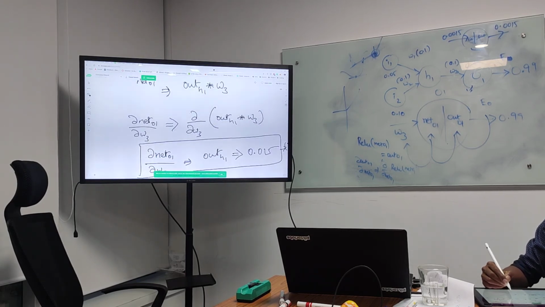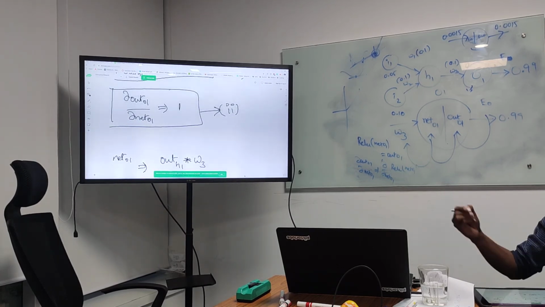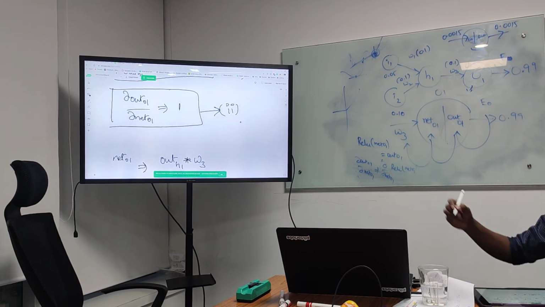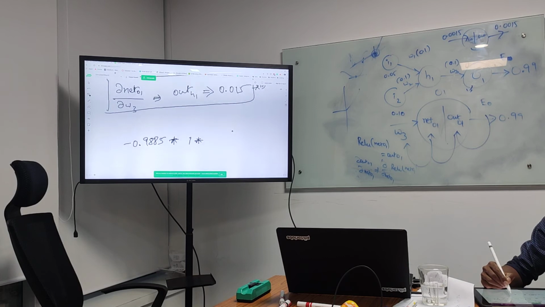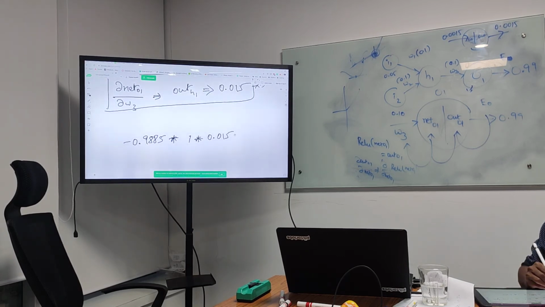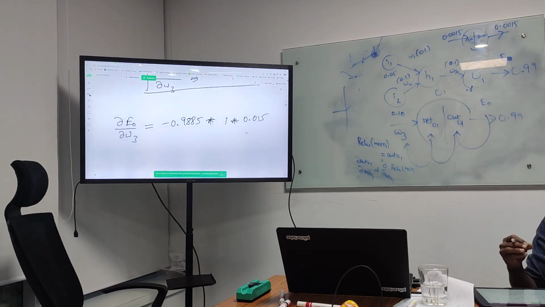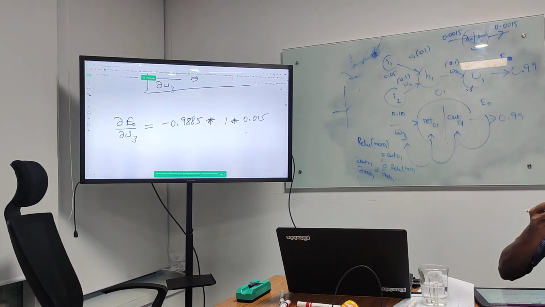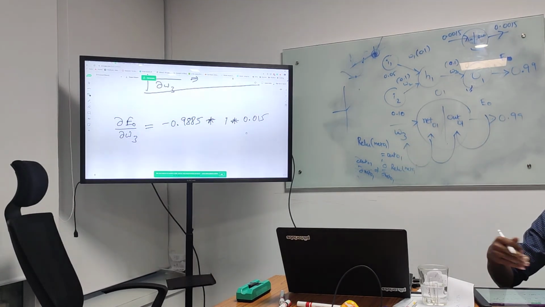That was nothing but dou out O1 by dou net O1 into the last one, dou net O1 by dou W3. That is 0.015. This is nothing but the total dou E0 by dou W3. The actual change of E0 with the change of W3 will be equal to whatever this product is.